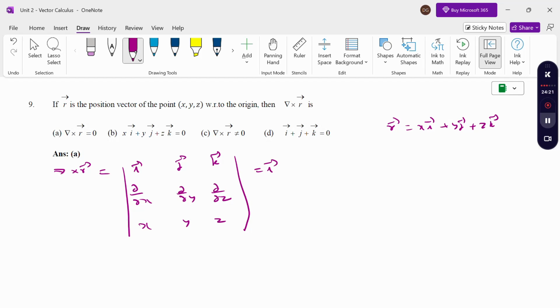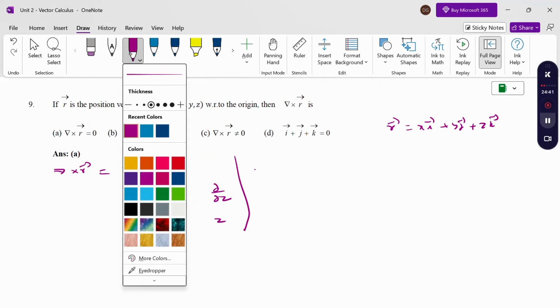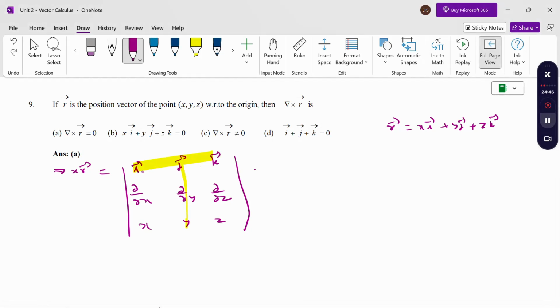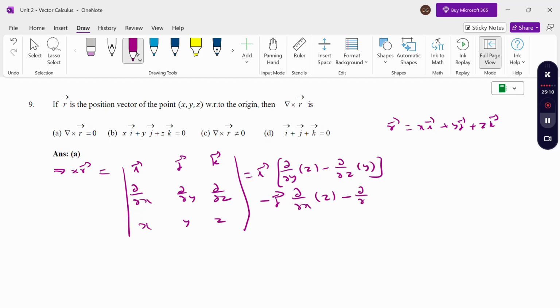Therefore I vector into, leaving column and row, dou by dou y of z minus dou by dou z of y, which is 0, minus j vector, again leaving this column and row, dou by dou x of z minus dou by dou z of x, plus k vector, dou by dou x of y minus dou by dou y of x.